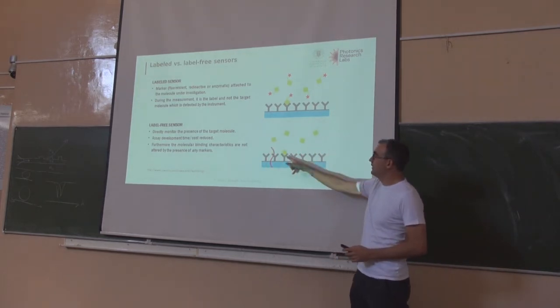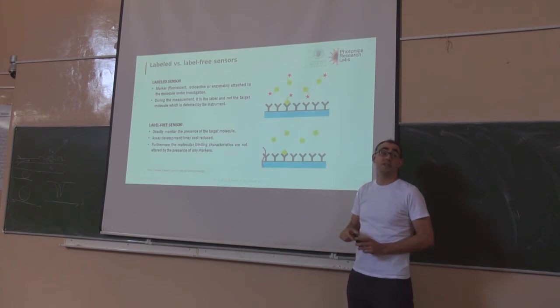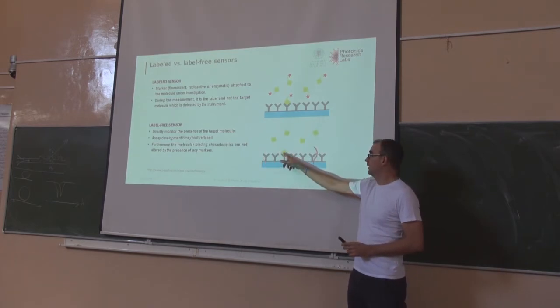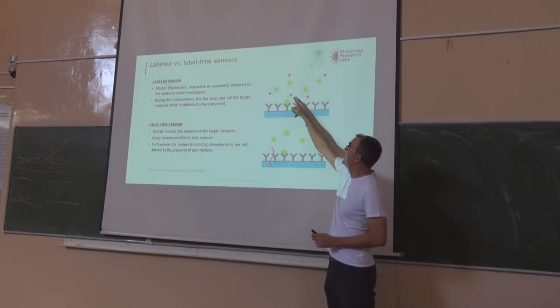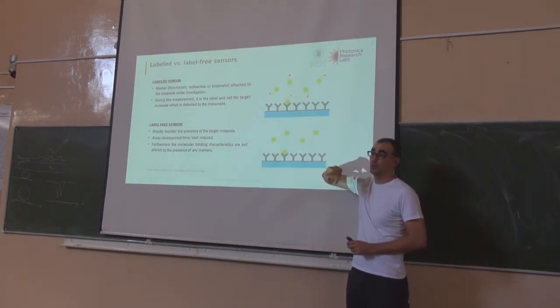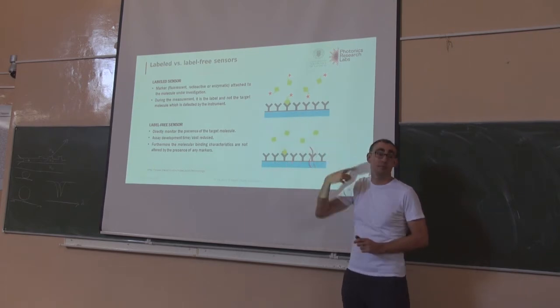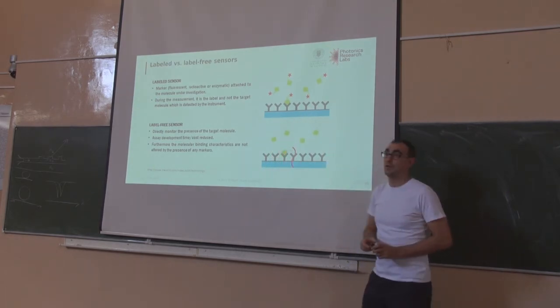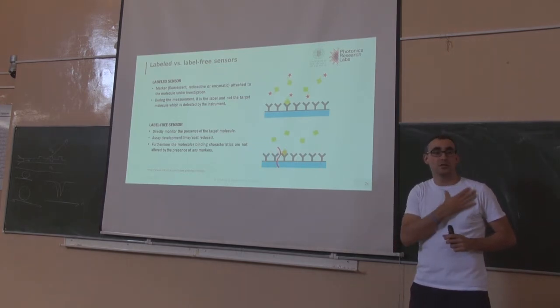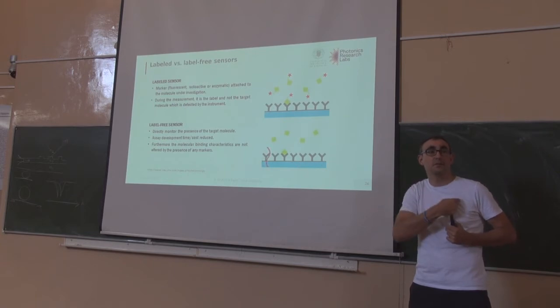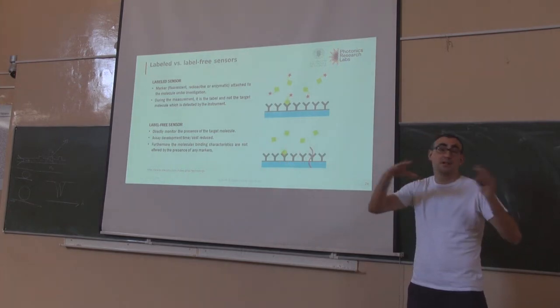If you sense them directly, that is a label-free sensor, okay? Actually, you are sensing directly the unmodified analyte that you want to sense. If you need to attach something to your yellow molecule to sense that something, that is a label. Okay, so that is the case, for instance, in some magnetic inspection or visual inspection, where they inject you some liquids that when they are illuminated, for instance, with some X-rays or whatever, they are fluorescent.